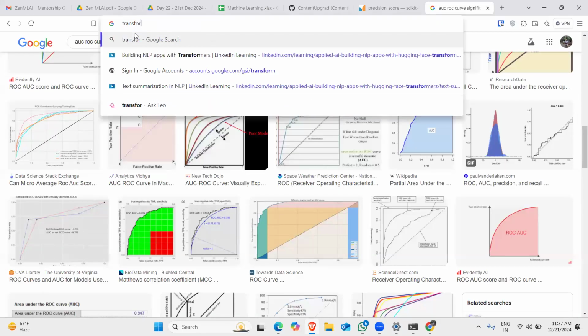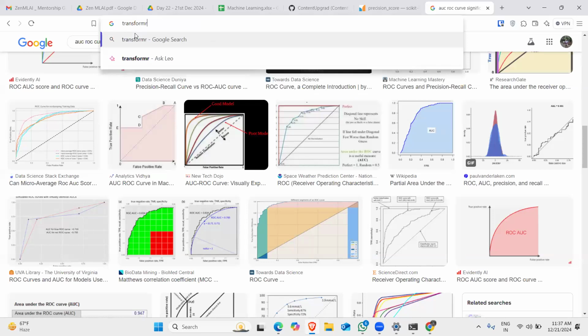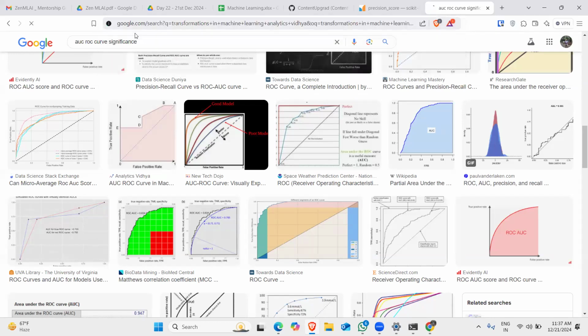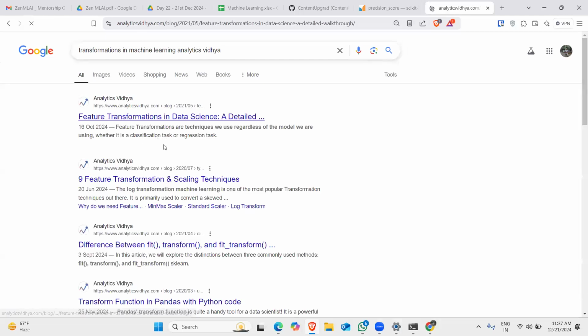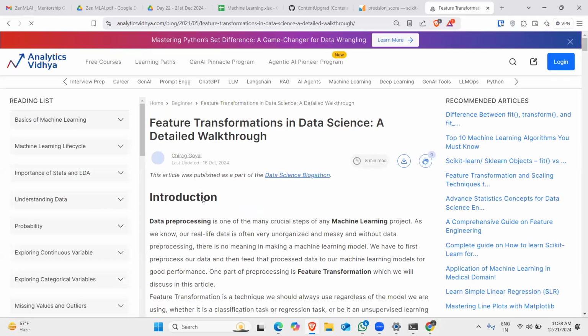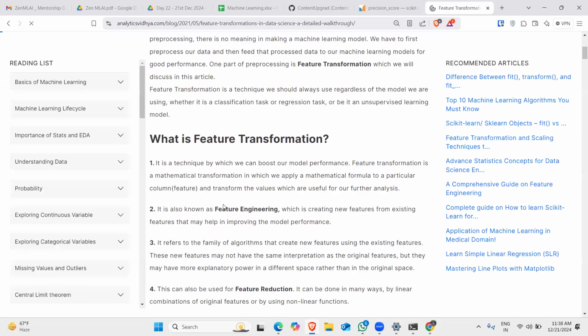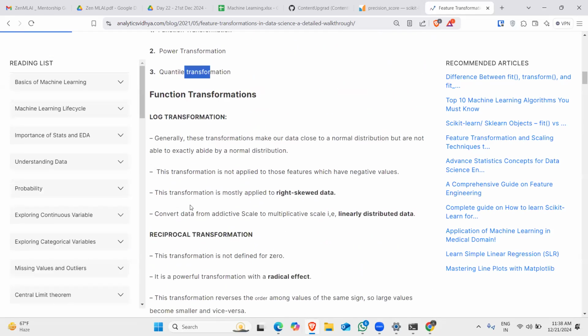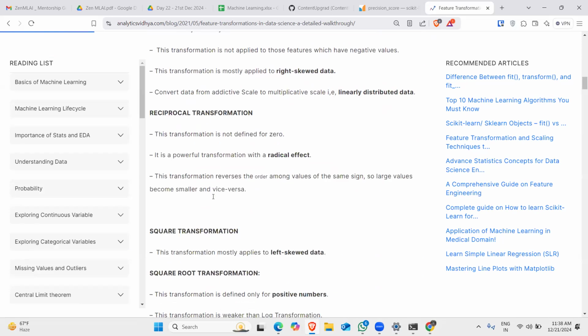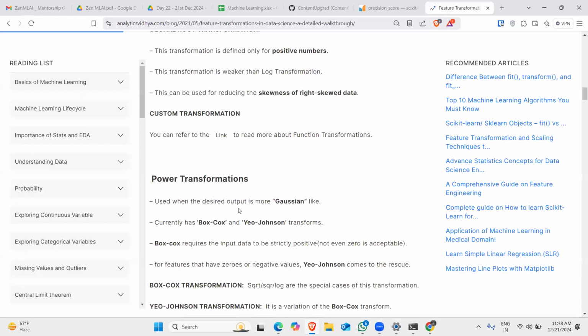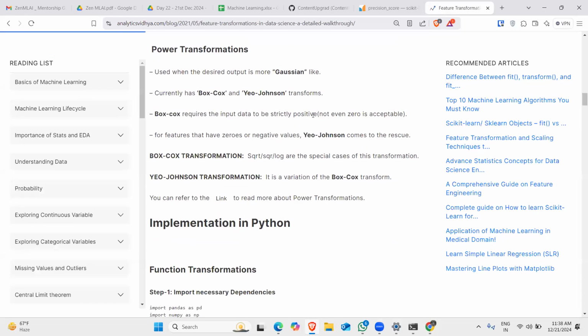Again, we have not studied this, so you don't need to worry about it. If you search for feature transformation in machine learning analytics, you'll see different feature engineering methods and feature transformation techniques like power transformation, quantile transformation, log transformation, reciprocal transformation, square root transformation, Box-Cox and Yeo-Johnson.